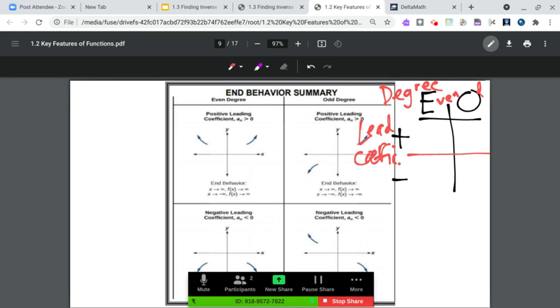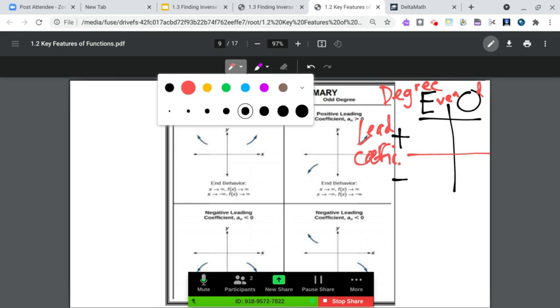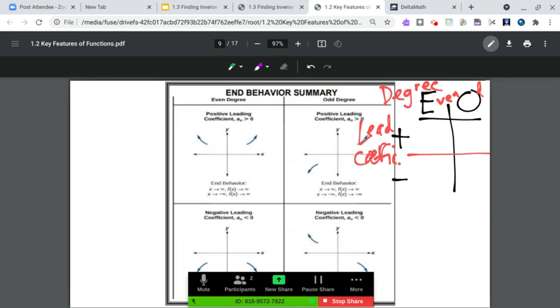And now here's my little chart I teach. I make a 4 box and I use up, up, down, down, down, up, down. Okay, even degree, so 2, 4, 6, 8.